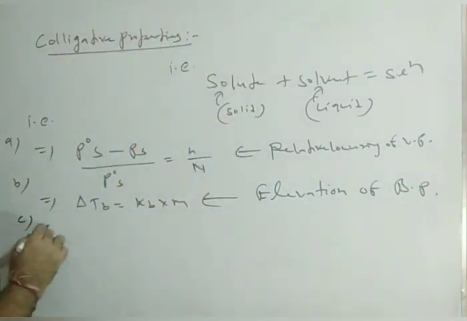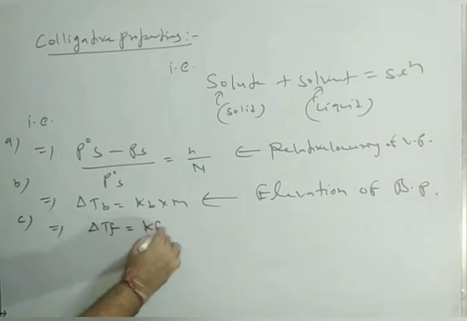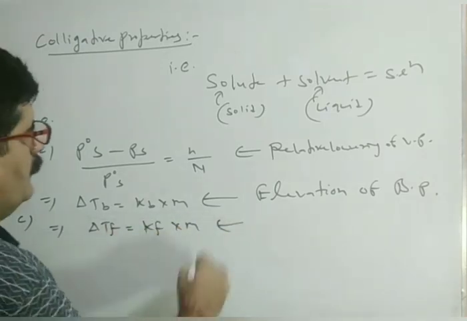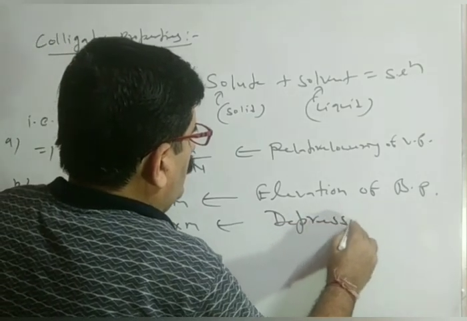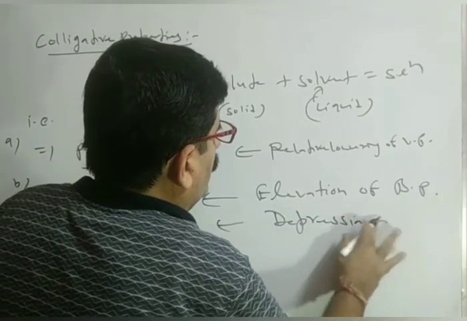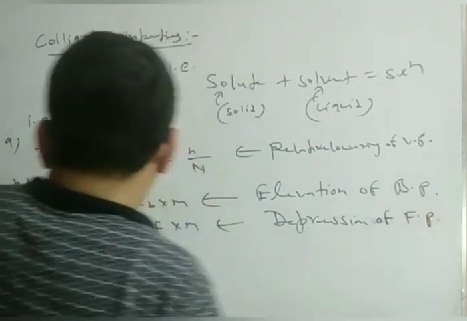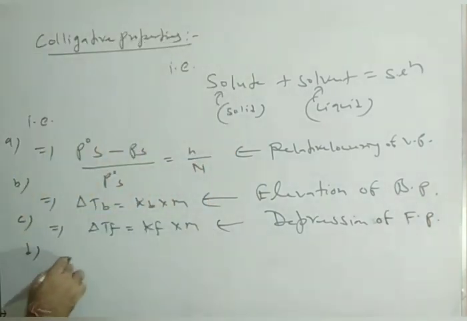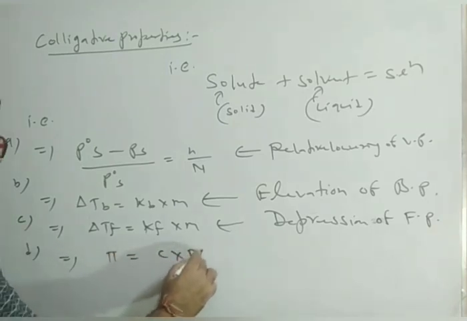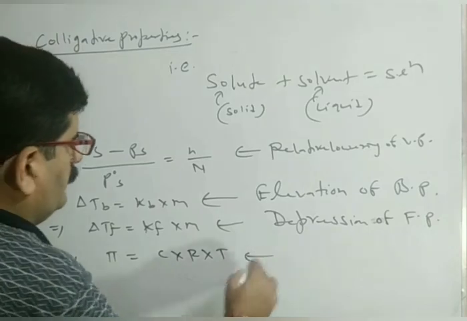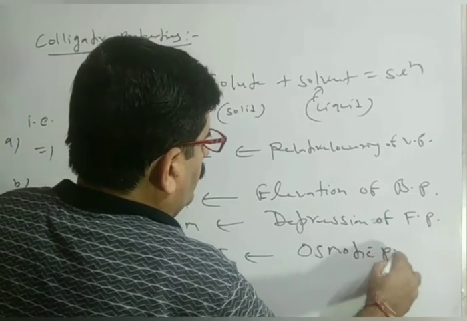Third one, delta Tf is equal to Kf into m. This is known as what? Depression of freezing point. And the last one, pi is equal to C into R into T. This is known as what? Osmotic pressure.